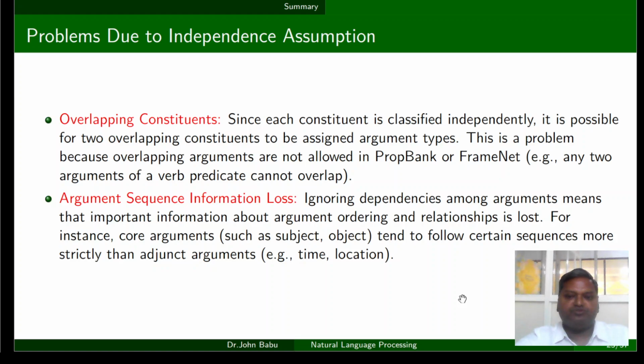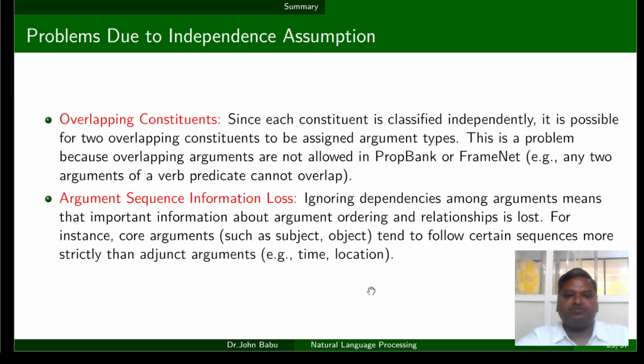Secondly, because we are ignoring the dependencies among the arguments, we may be facing the risk of losing information between the arguments because we are completely ignoring the relationship.